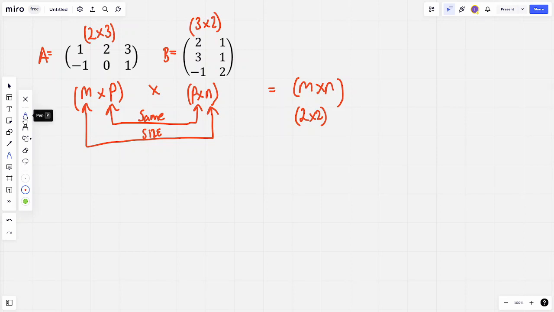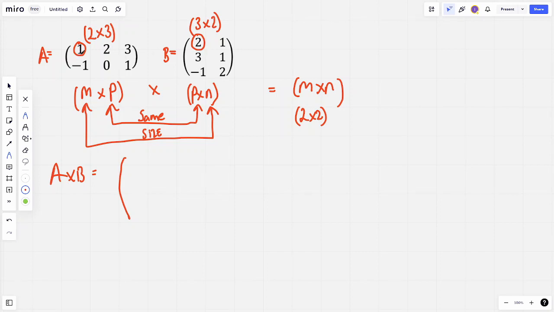So let's begin by multiplying this. So how do we actually multiply this? A times B, and that's going to equal a 2 by 2 matrix, as we've just established. We take the first index, which is the first row, first column. We multiply it by the first index, which is row 1, column 1.